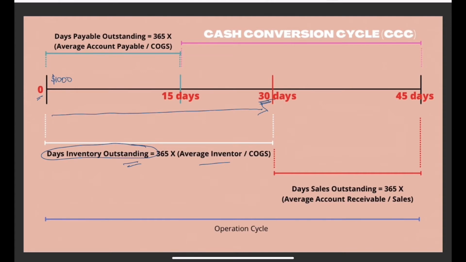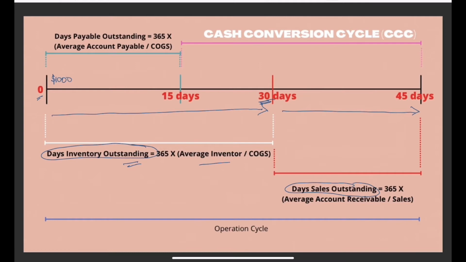But the problem is, even after you have converted it to sales, it will take you a few days before your customers pay you. So let's suppose your customers pay you after 15 days. So that's a total of 45 days. That's what we call days sales outstanding. Basically, it's the average length of time your customers will pay you from the day that you have sold the product.